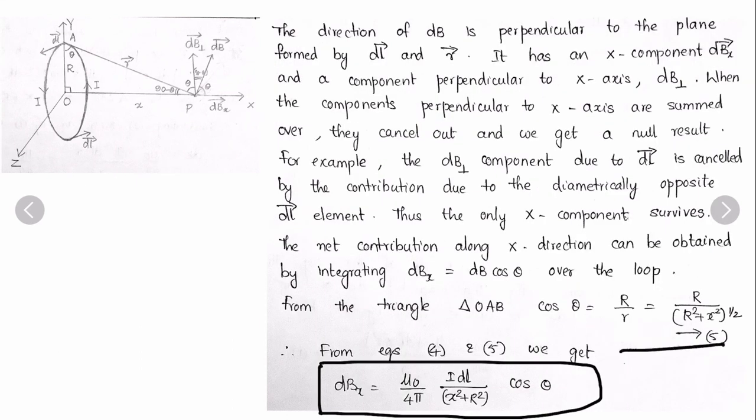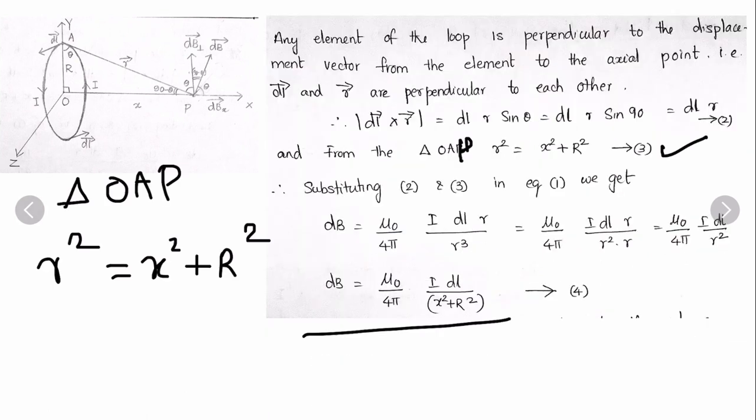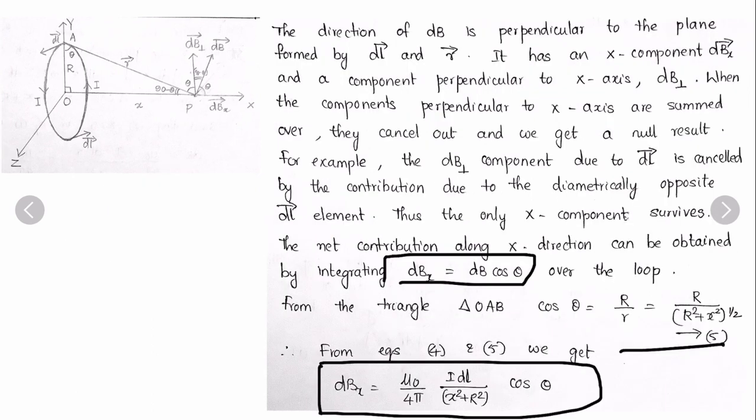From 4 and 5 we take dBx is equal to dB cos theta. dB means equation number 4, and cos theta means equation number 5. Substituting 4 and 5 in dBx is equal to dB cos theta, we get mu 0 by 4 pi IDL by x square plus capital R square, and cos theta.